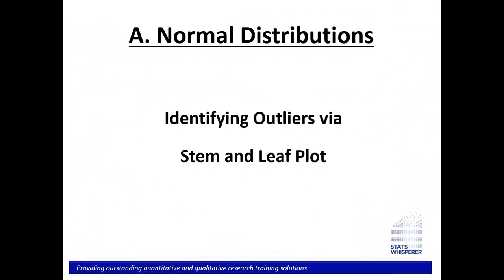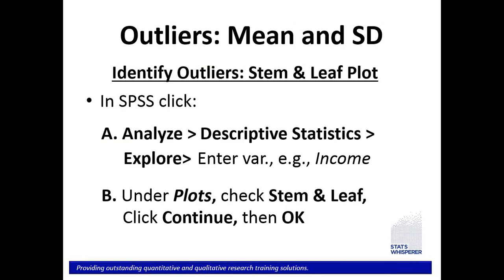And then we have the stem and leaf plot. This is a little more simple. Here you just go to Analyze, Descriptive Statistics, and Explore, and under Plots, you click stem and leaf.